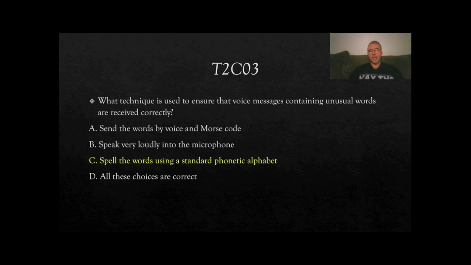So, for instance, my call sign is K-M-A-Y-O-R. You know, M's and N's, especially on HF, can be difficult to hear. So I'll say Kilo Mike 8 Yankee Oscar Romeo. That way it's clear. Everybody knows the NATO phonetic alphabet.